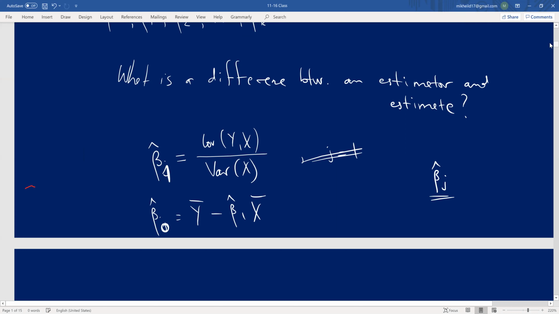Because, as I said before, maybe last class or a class before, when you have more than one independent variable, the analytical expressions are either very complicated or cannot be obtained at all. Here this is an analytical expression for beta 1 hat, right? Guys, are you here with me?